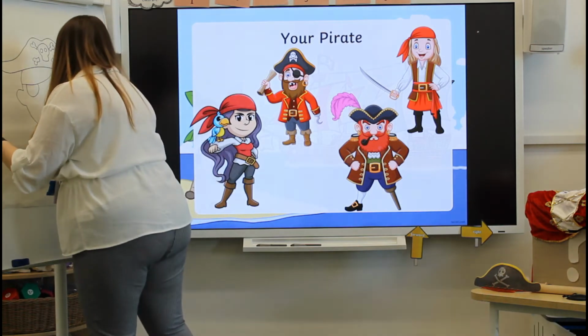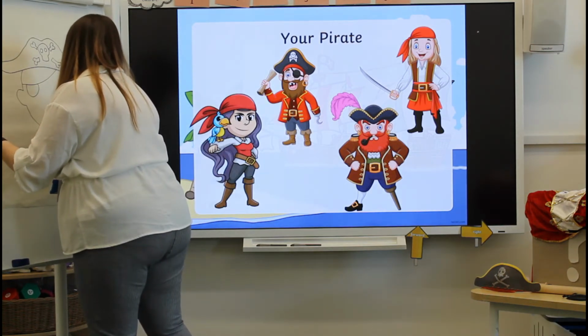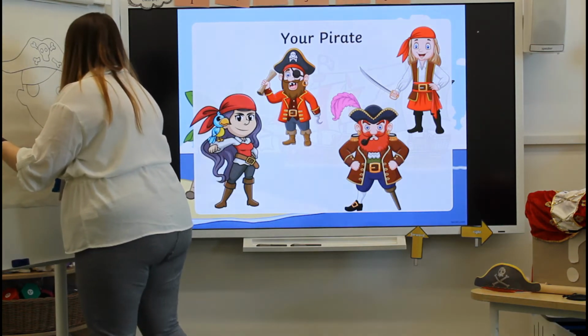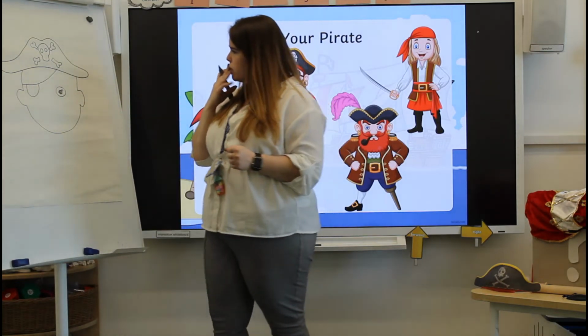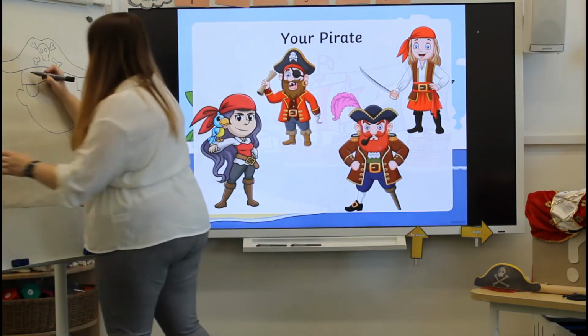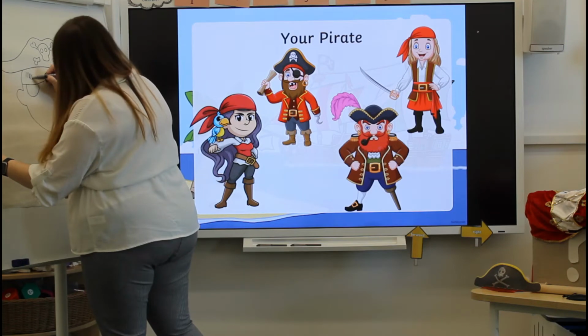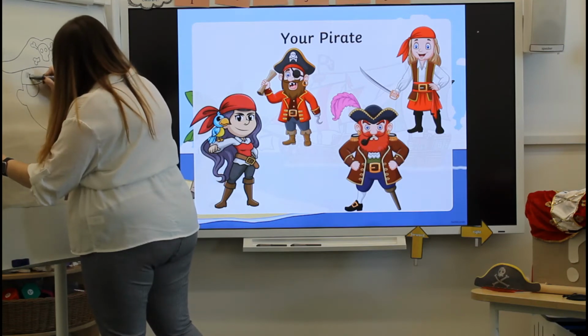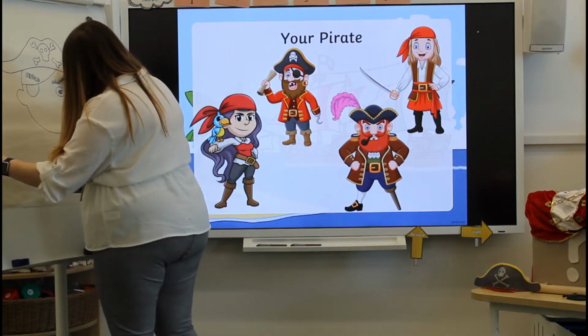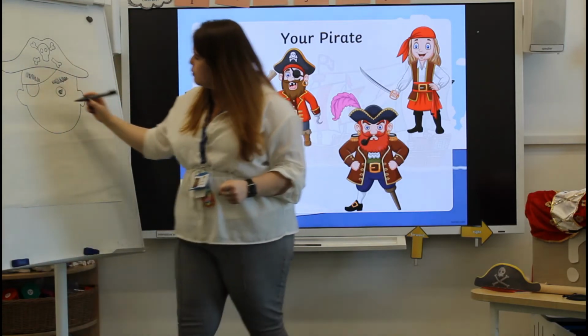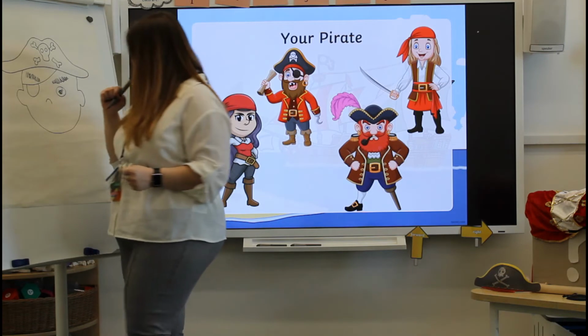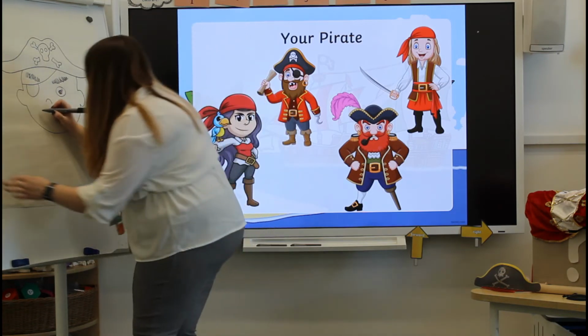So let's put the other eye in here. Got his other eye. I'm going to give him some really big eyebrows, but they're going to be facing downwards because he's going to be a very mean pirate. Got his nose. I'm going to make his mouth.